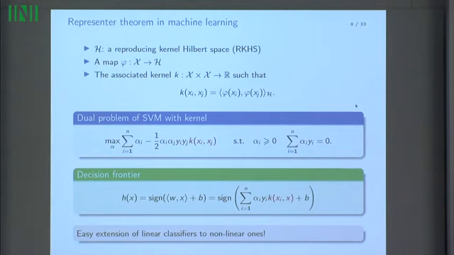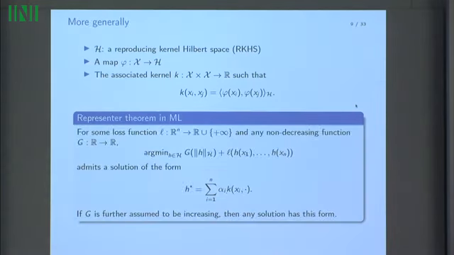So far I've not cited the representer theorem, so if I want to state it in a more formal way, I could say this. So if I consider some loss function L and any non-decreasing function G, and that I'm looking at the minimizer of the loss function of my data points, regularized here by a function of the norm of the Hilbert space that I'm considering, I can show that this problem admits a solution of this form, okay?